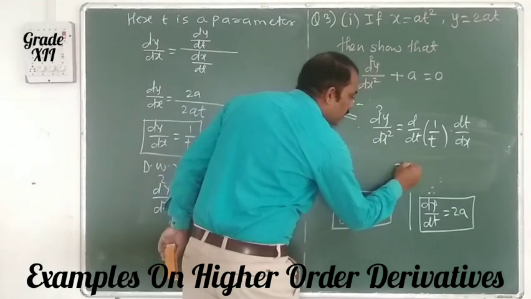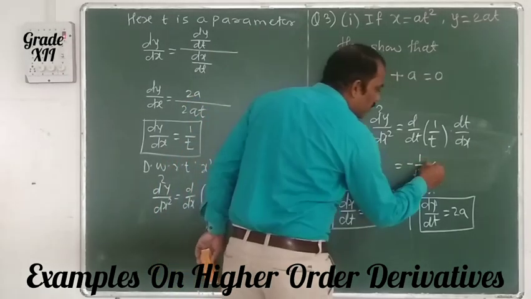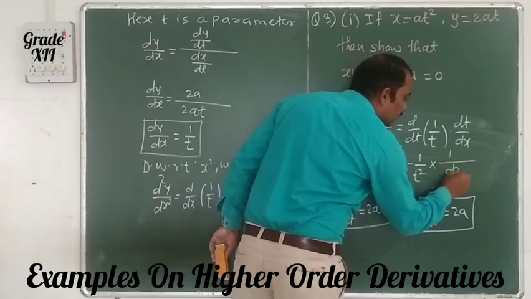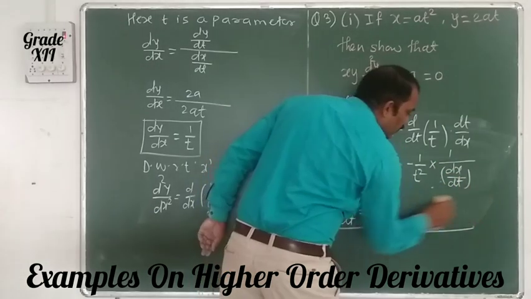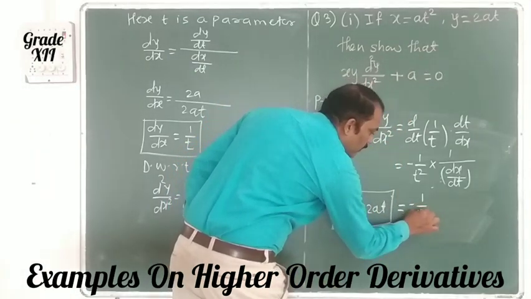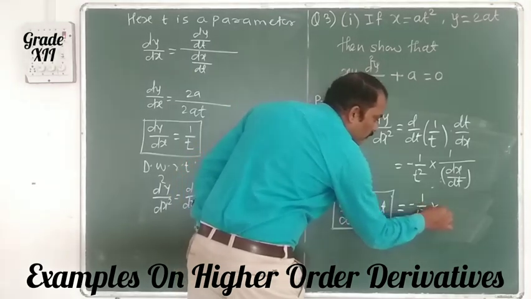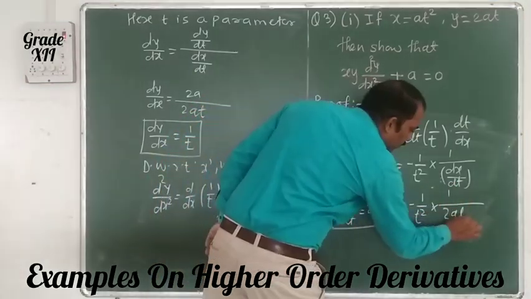So this can be written as minus 1 upon t square into 1 upon dx by dt. What is dx by dt? It is nothing but 2at.